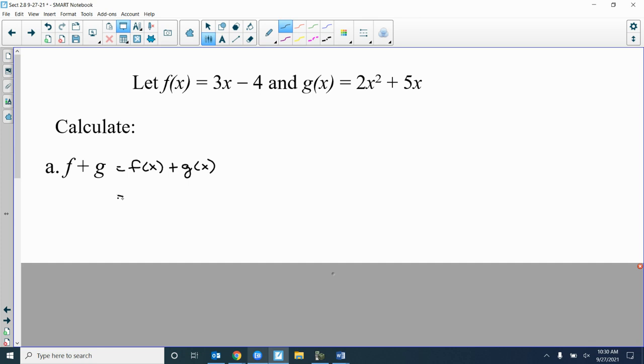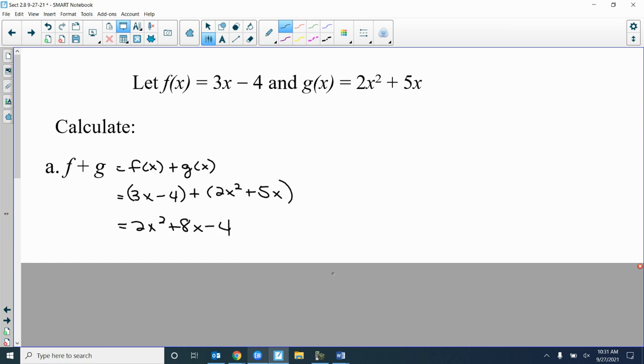So I'm going to take 3x minus 4 plus 2x squared plus 5x. It never hurts to put those two in parentheses. If there's a plus there, obviously it doesn't affect it. All you're doing is combining like terms, if there are any. Write it in descending order. It's going to be 2x squared plus 8x minus 4.